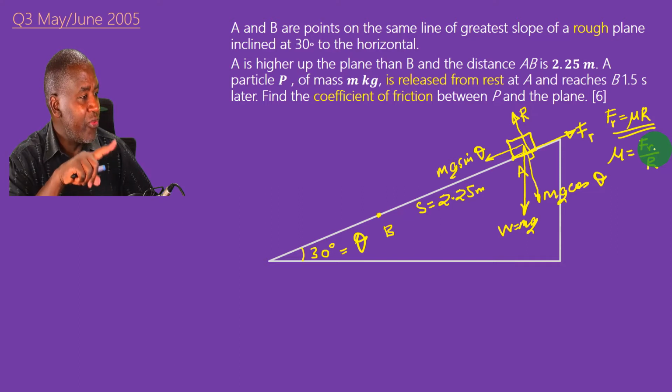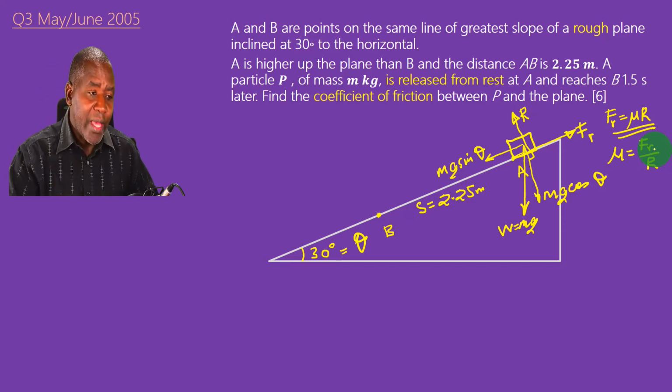Start by thinking about, how do I calculate that? What equations come into mind when I want to calculate that physical quantity? And that is why I've written this. Because friction is mentioned and I can see the object is moving.